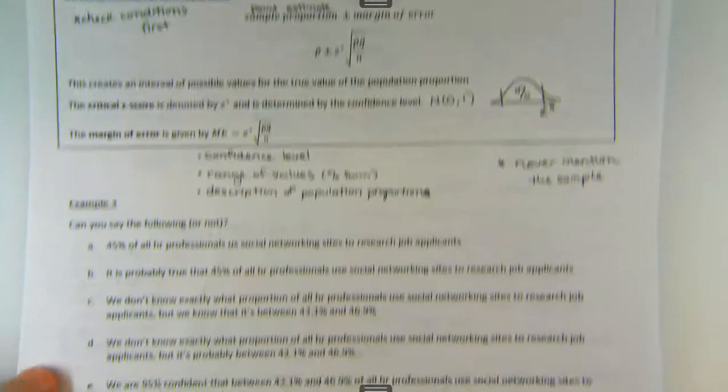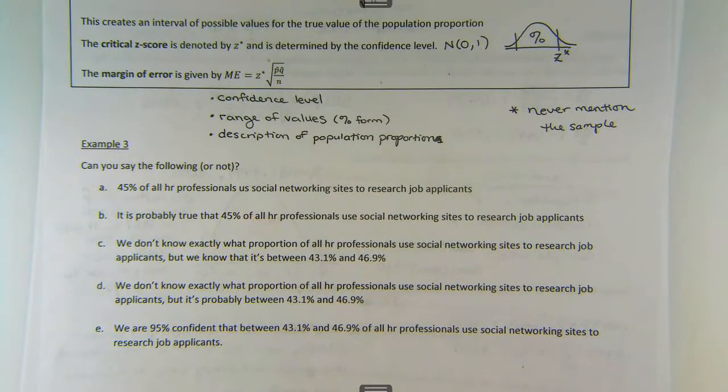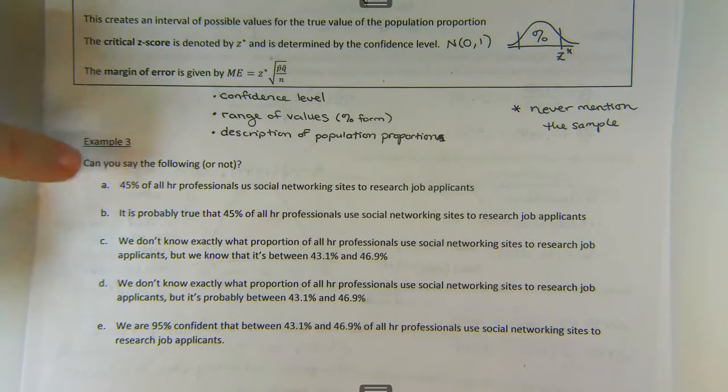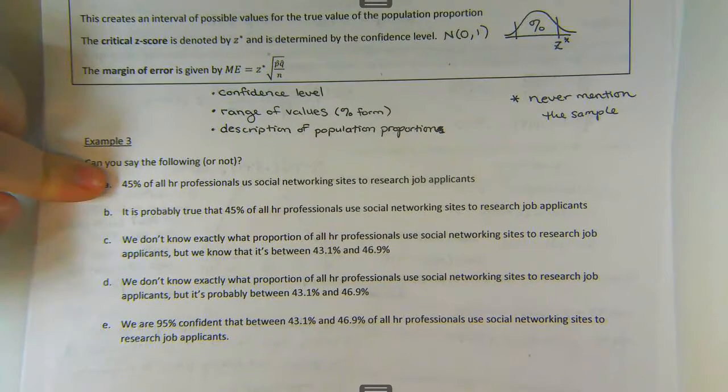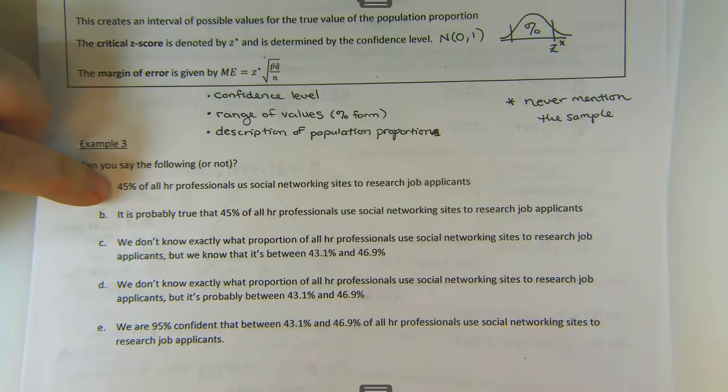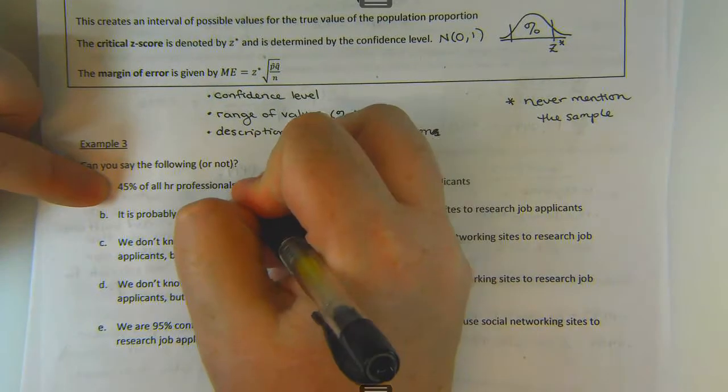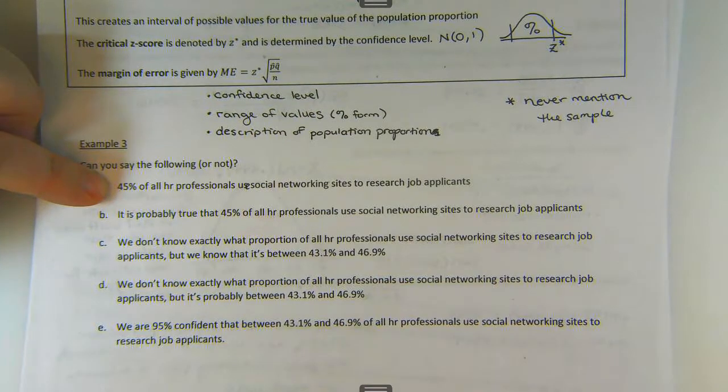So down here we have a few different ways to describe the conclusion up above, and I know I wrote the conclusion already, but let's talk about what's good and bad about all of these. So they're rounding 44.99% to just 45%. This first one is just saying 45% of all HR professionals use social networking sites to research job applicants.